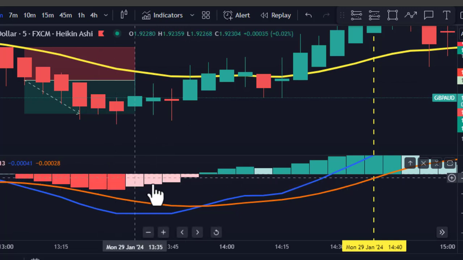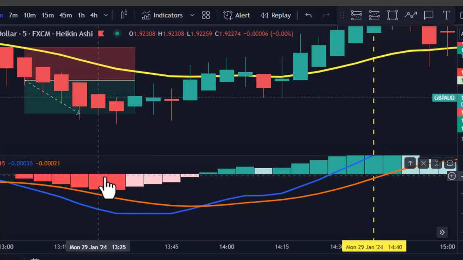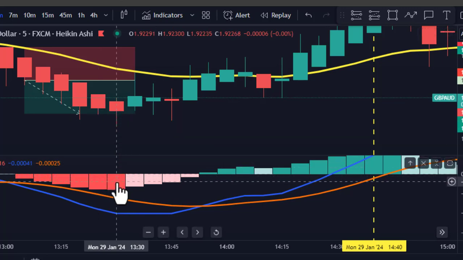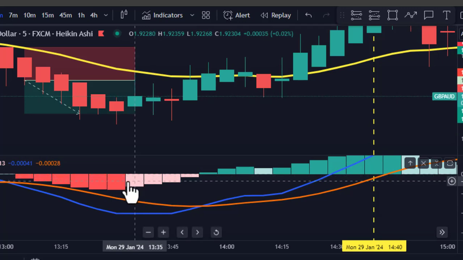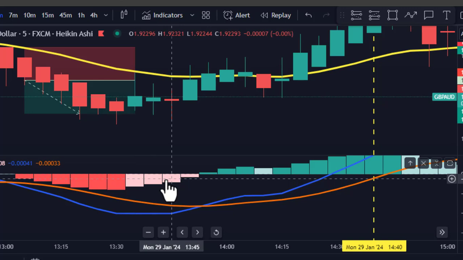Why? Because MACD says so. Look, over here it was dark red, and then as time goes by, we see bright, light red, which is almost kind of pinkish, telling us of weakening selling pressure, and the price drop is weakening.